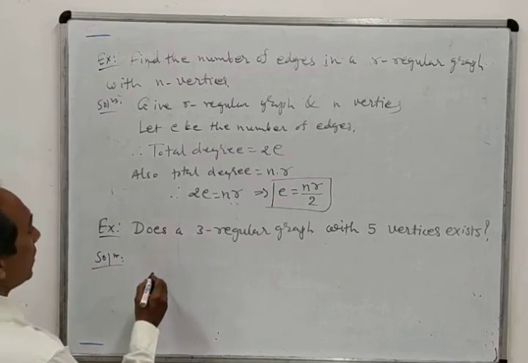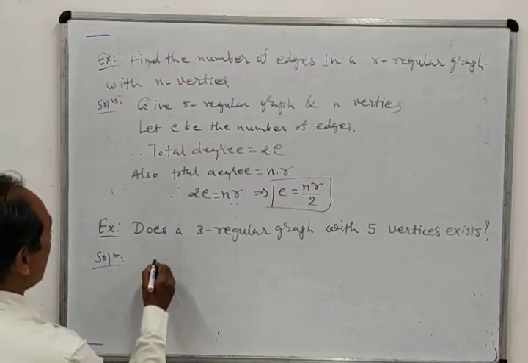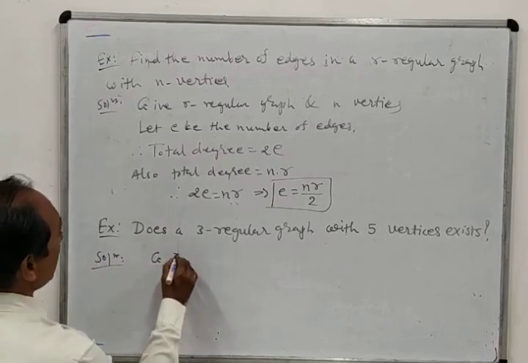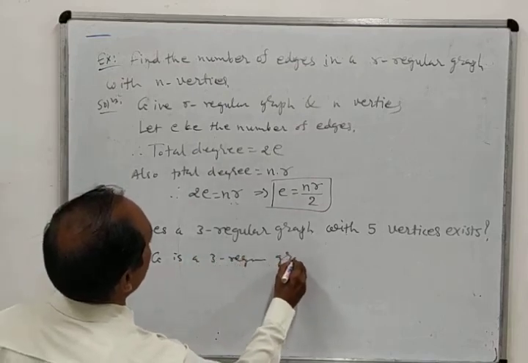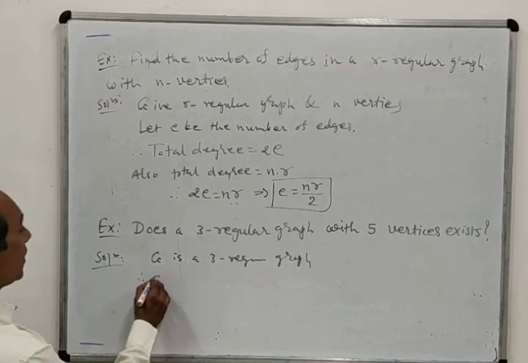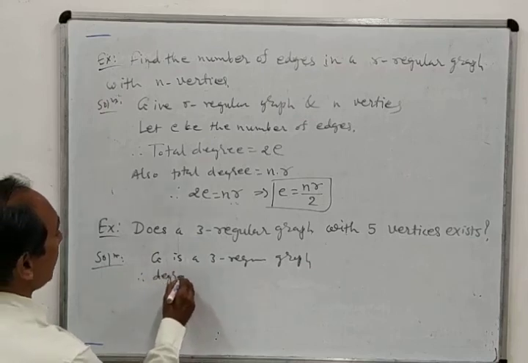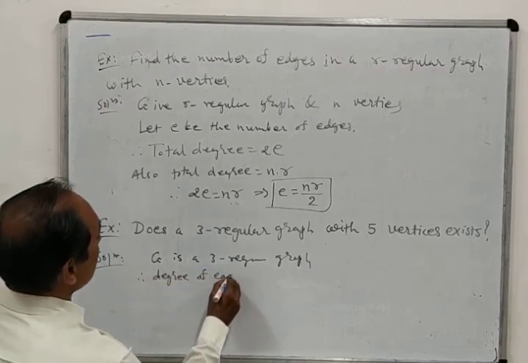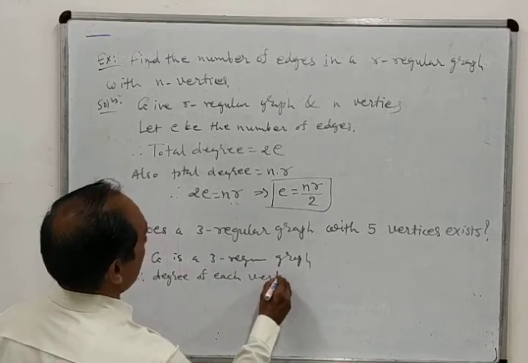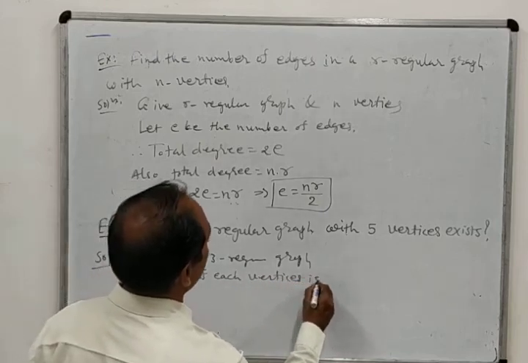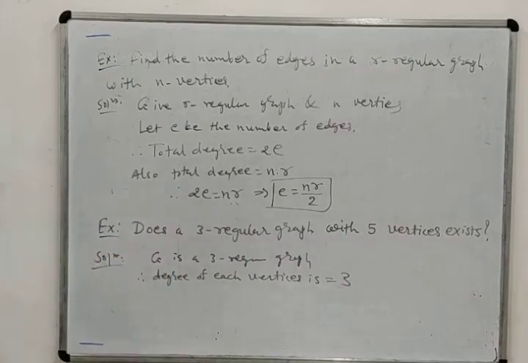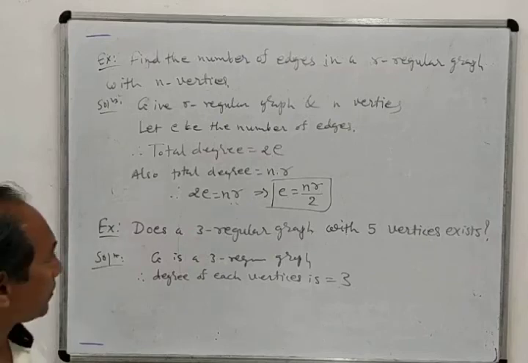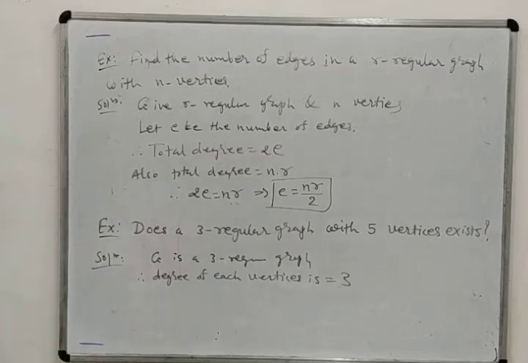Because it is a 3 regular graph, G is a 3 regular graph. So the degree of each vertex is equal to 3.